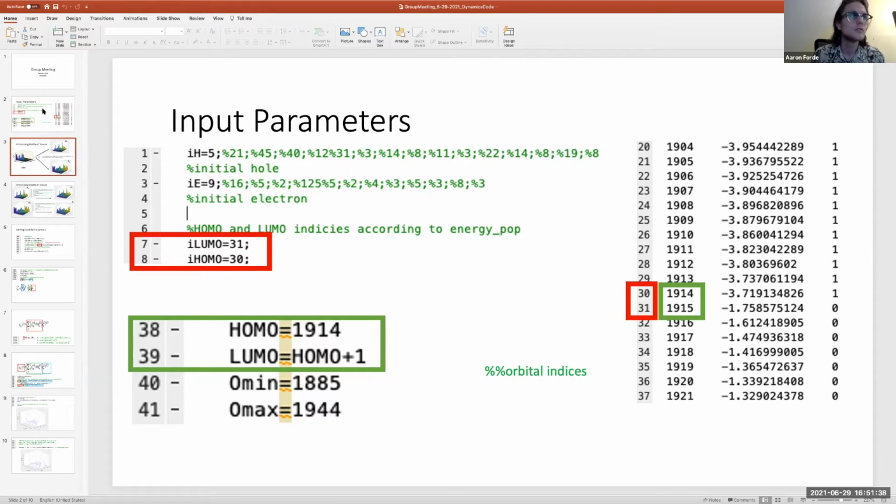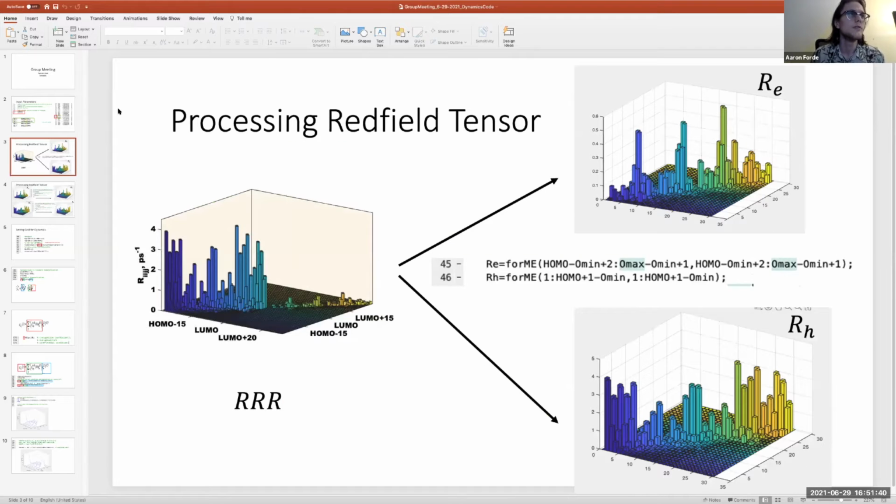And after having your inputs, if you scroll through, there's probably 100 lines or so of processing the Redfield tensor. On the left is the RRR, which would be computed from the correlation scripts. When this is imported into MATLAB, for these figures, the RRR is processed into two smaller chunks.